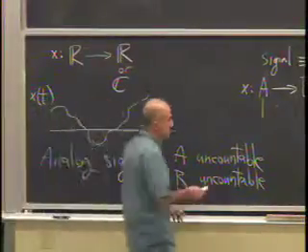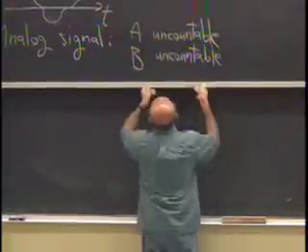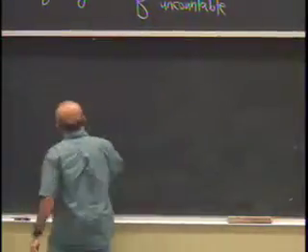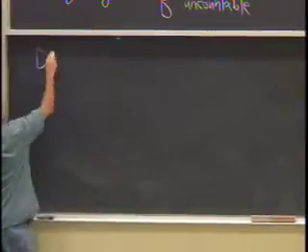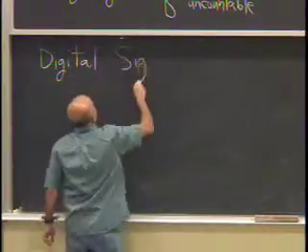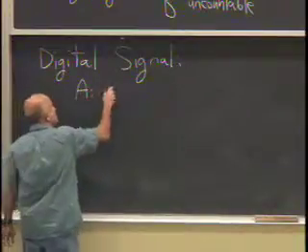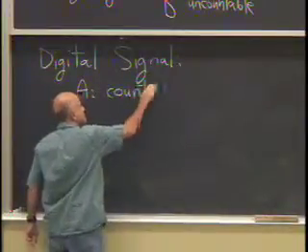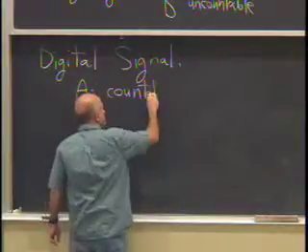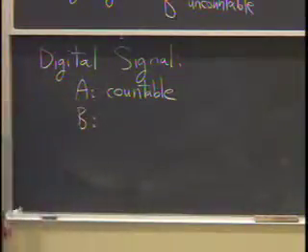Digital signals, on the other hand, have countable domains, and the range is not just countable, it's more than just countable.